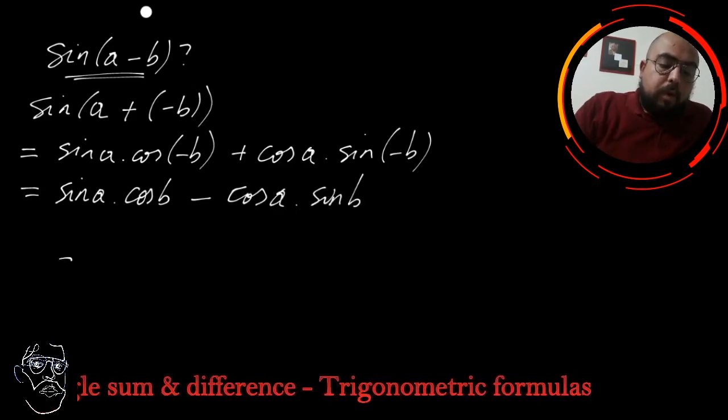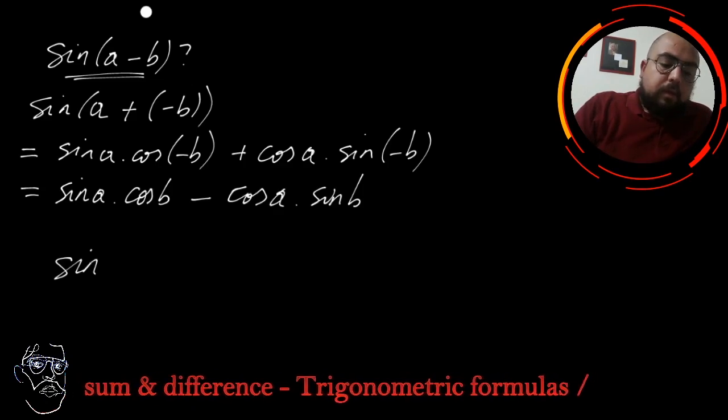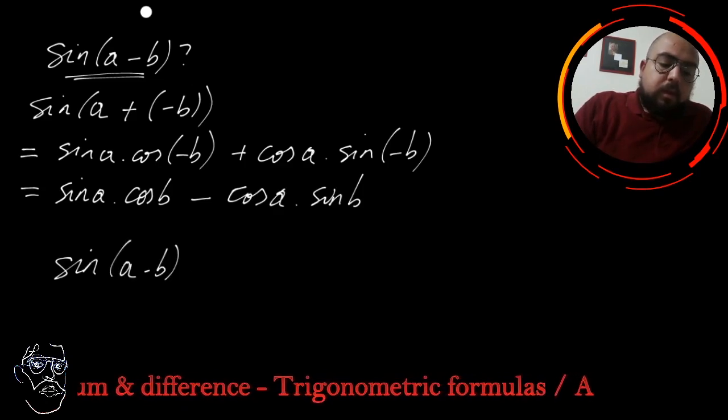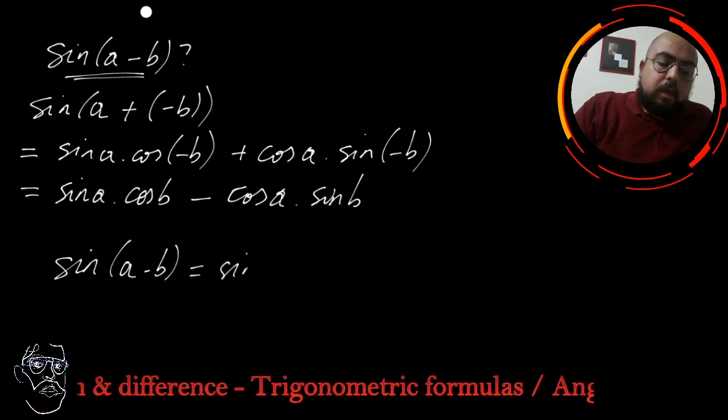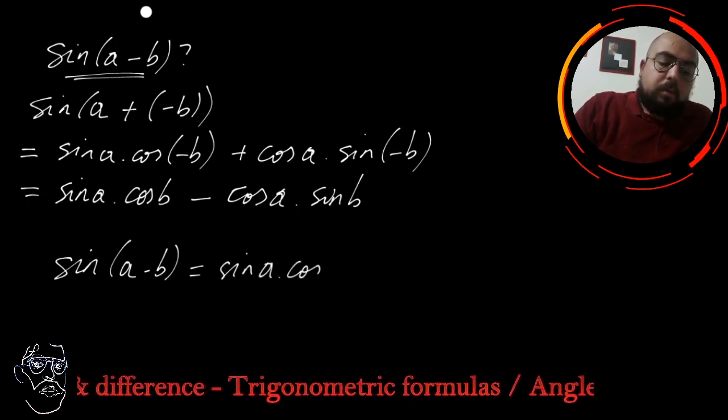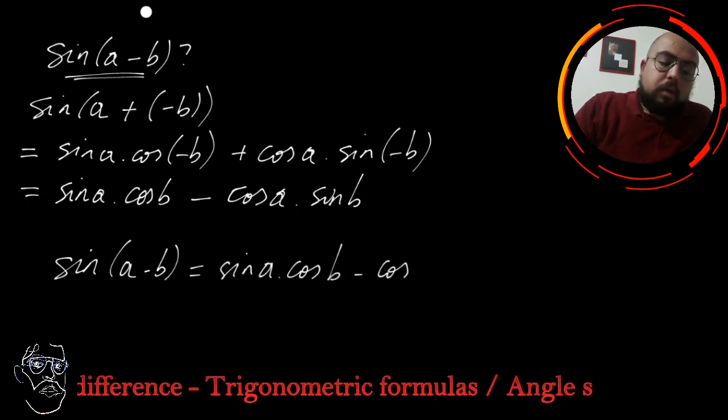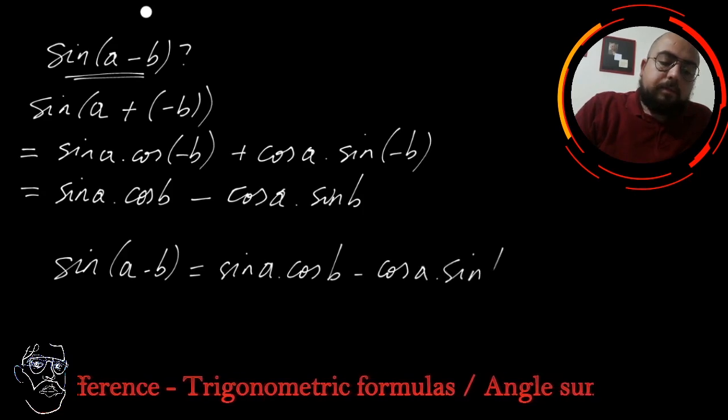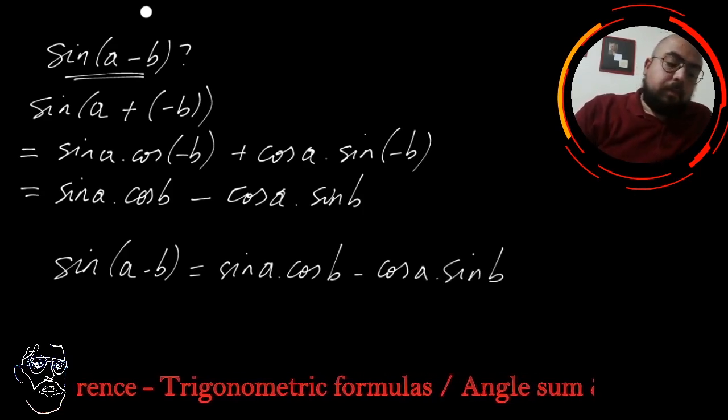So we were able to find that sine of a minus b is actually sine a times cosine b minus cosine a times sine b. Alright?